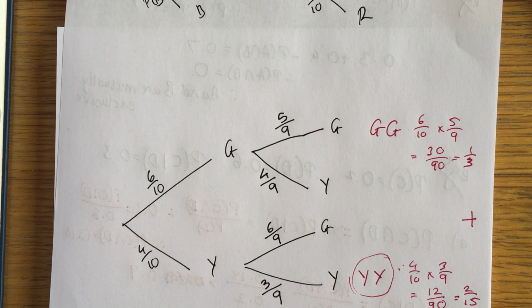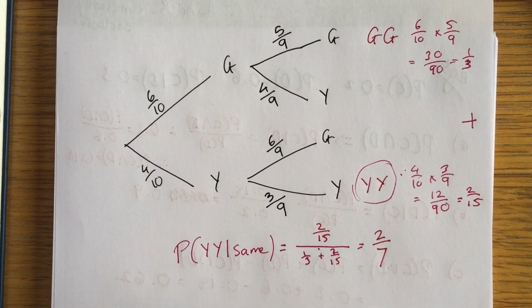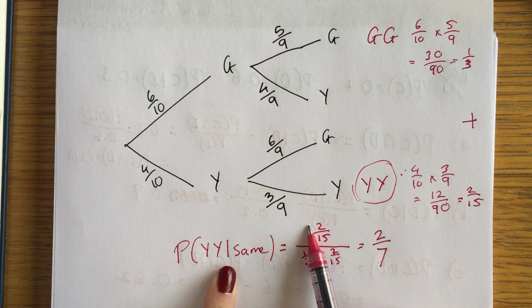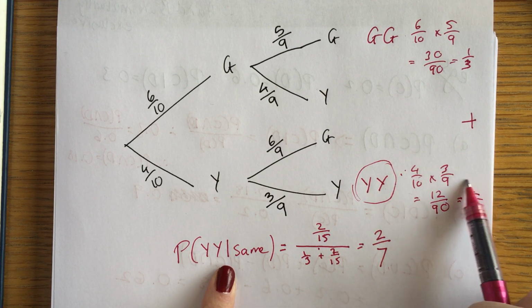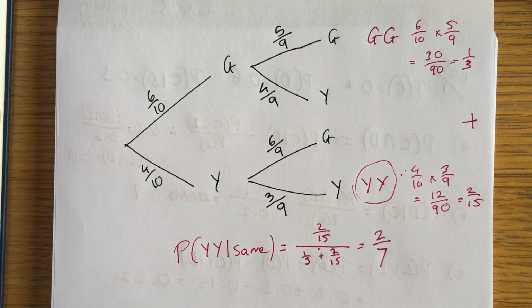So the probability that, given that I know I've got 2 of the same colour, and I've just realised that all my maths is off the bottom there, sorry. So the probability that they're yellow, given that I know they're the same, is the probability they're both yellow over the total probability that they're the same, which is probability of both yellow plus the probability of both green. And that's 2/7. So I know that I've got 2 of the same colour in my hands, I just don't know whether they're yellow or green. So the likelihood of it being yellow, given that I know that they're the same, is 2/7.